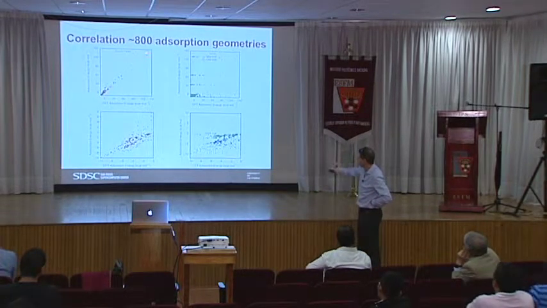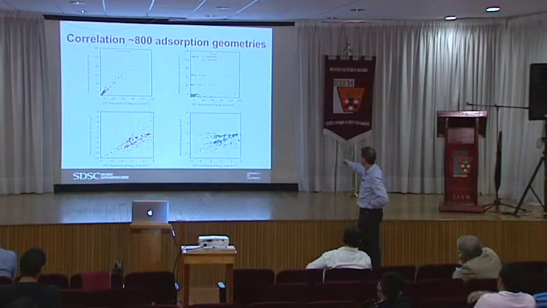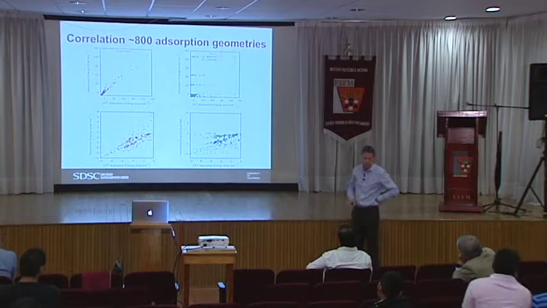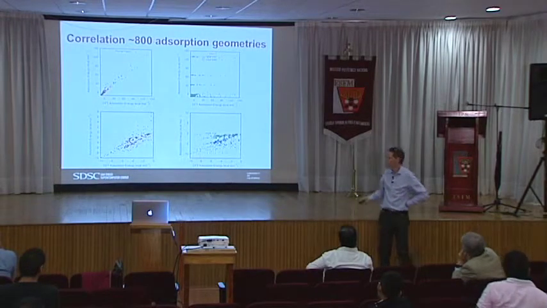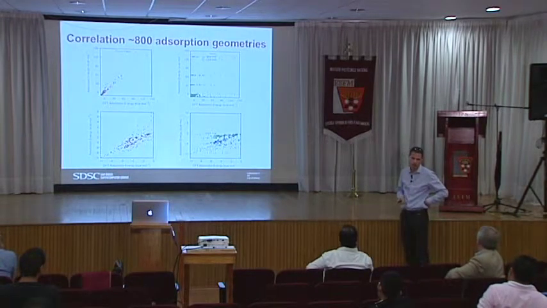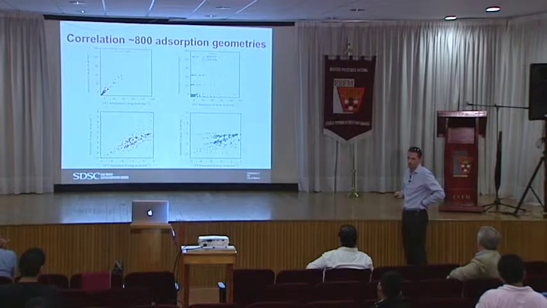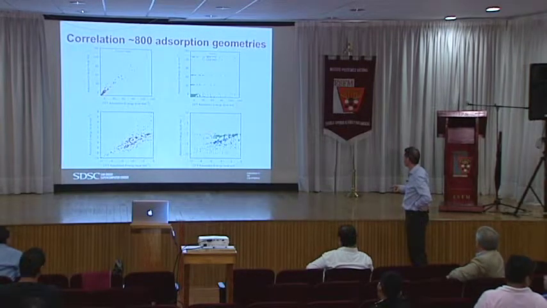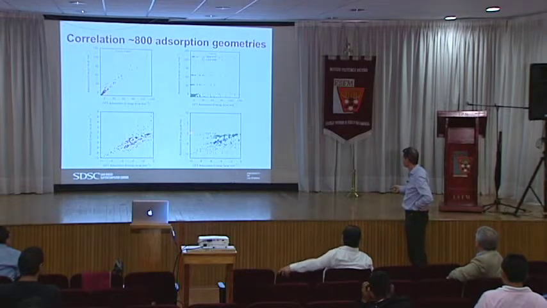On the left-hand side is the fit of the force field. On the right-hand side, what you see is, in blue, this simple Lennard-Jones potential by Heinz. You can see that basically there's no correlation with any real adsorption on the platinum surface.